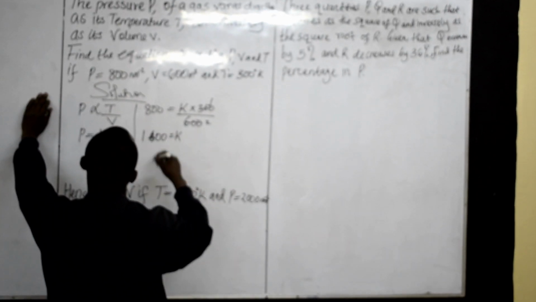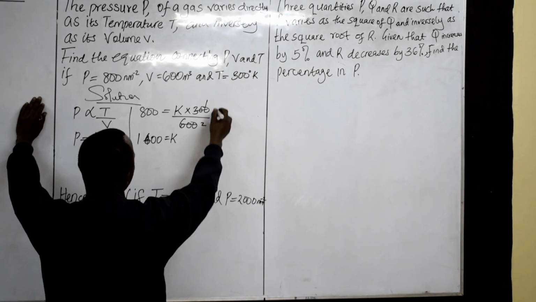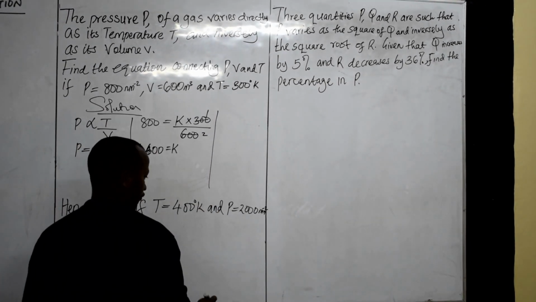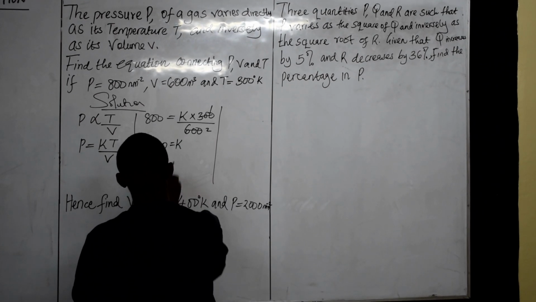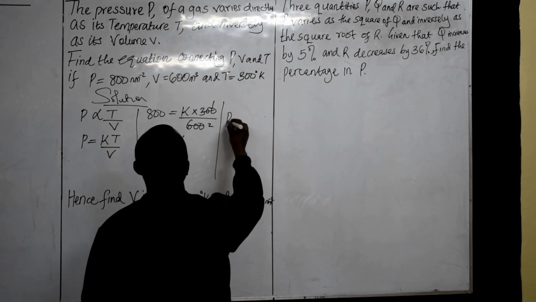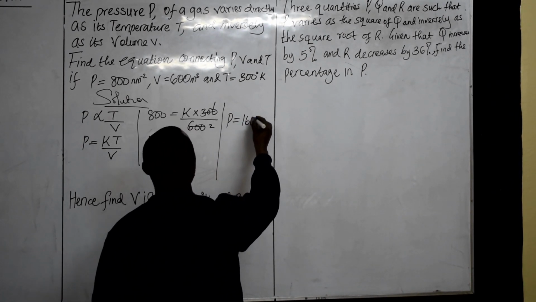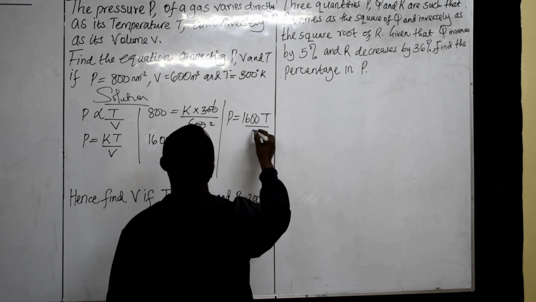So the equation connecting P, T and V will be given by the substitution of this. So P is equal to 1600 T over V.